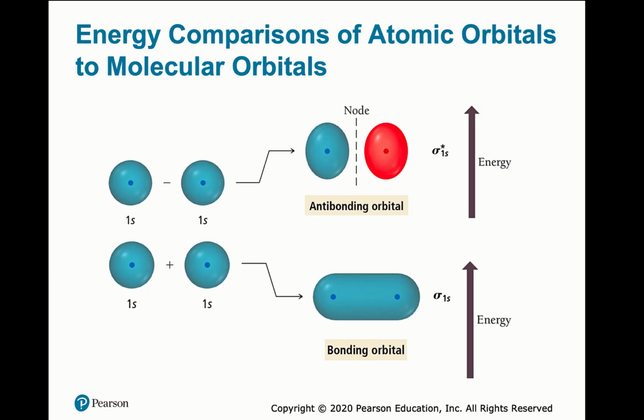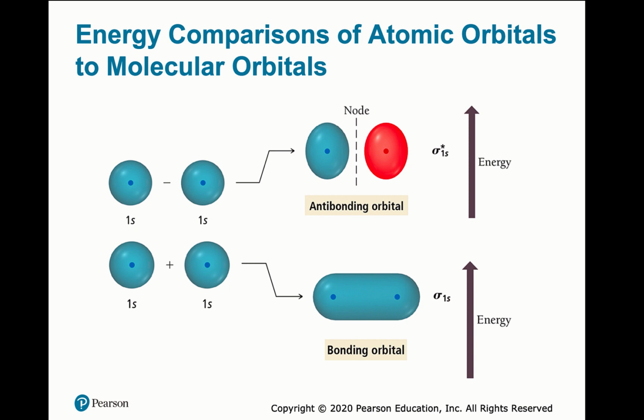Looking at the 1s orbital, for instance, these can either constructively interfere to form a bonding orbital, or destructively interfere to form an anti-bonding orbital. The sign on the 1s orbital is always positive, and you can see the different colors of the anti-bonding orbital, where you have a change in sign.